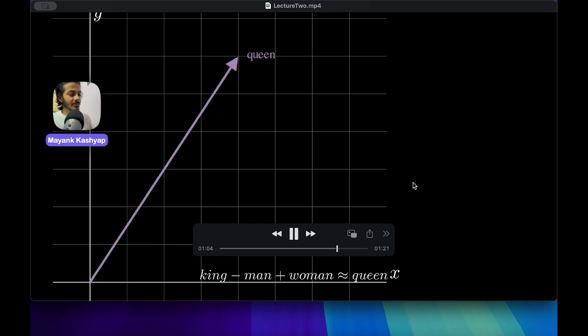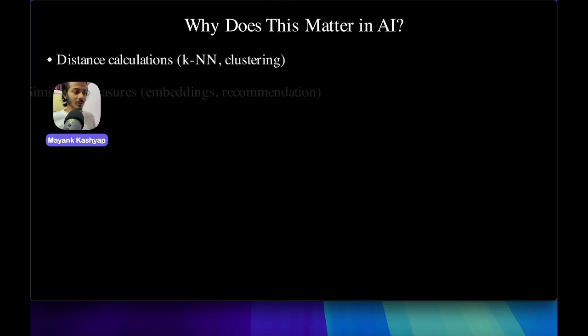And this should represent the queen, isn't it? So that's the idea. So I hope you got why it is required, and why we are studying this part of linear algebra for our machine learning goals.